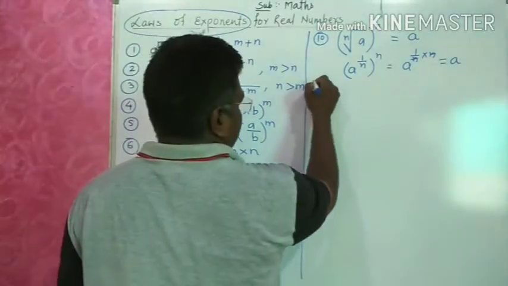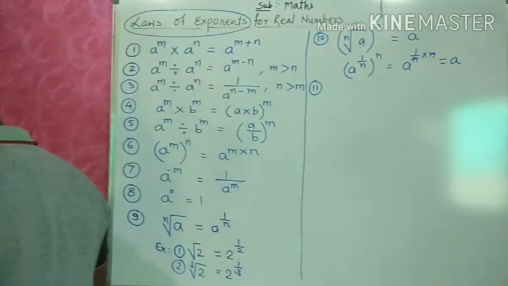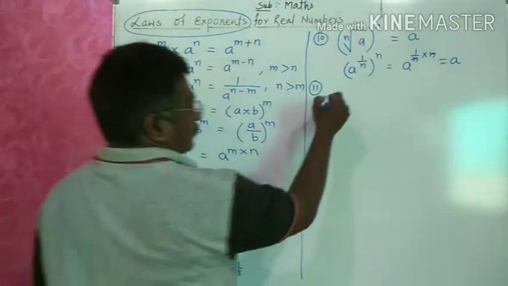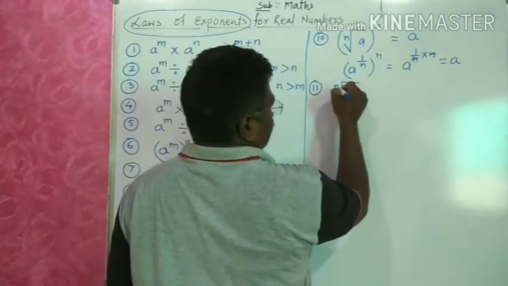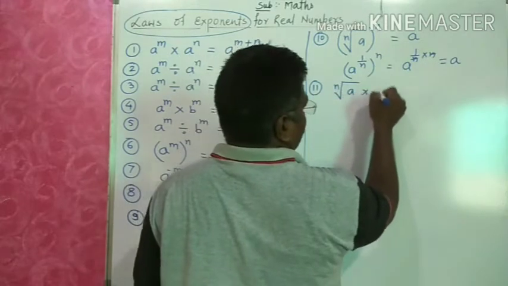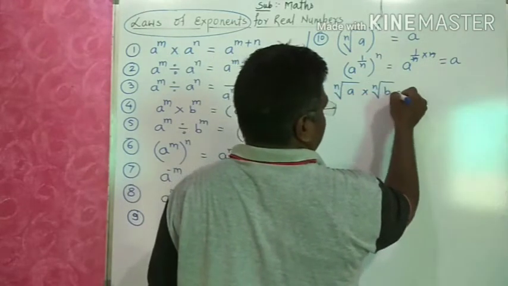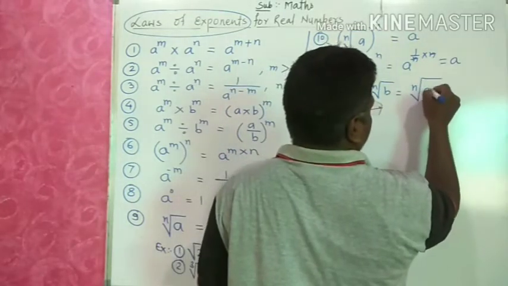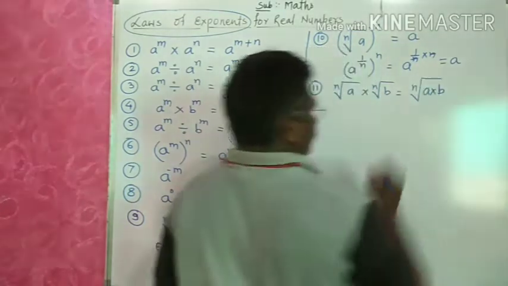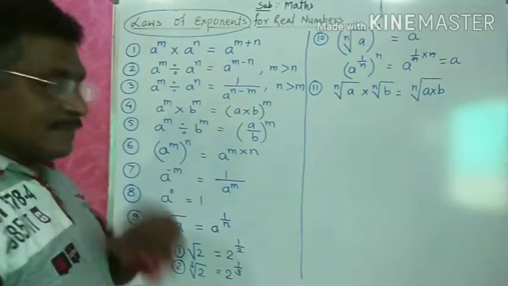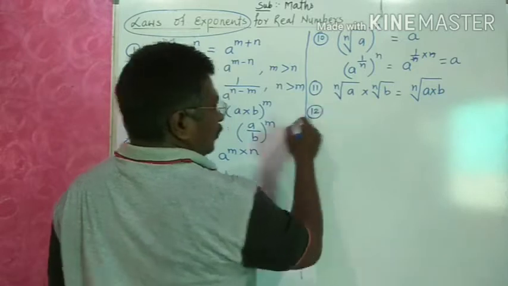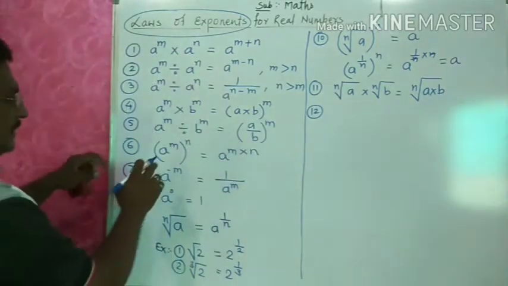Then next, 11. Nth root of a into nth root of b means nth root of a into b. No difference, see here.